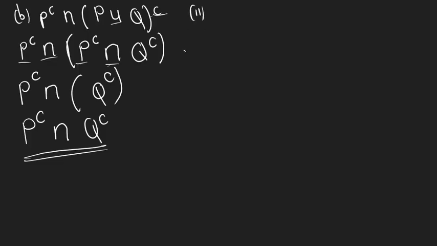The second part, let me show you. The second part, you have P intersection. It's been long since I solved this, but I'm able to remember the rules. The first thing, check: is there anything that you can work out anywhere?